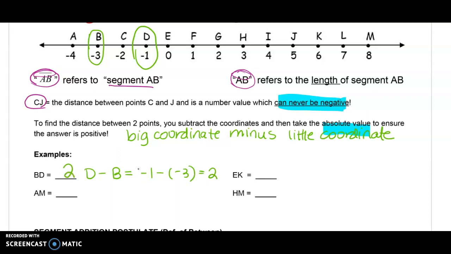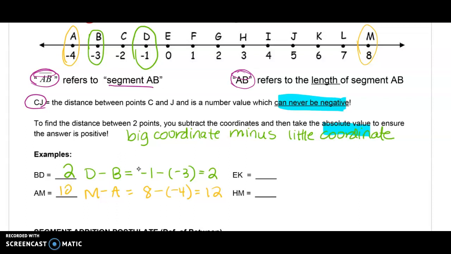If we're looking at AM, A is at -4, M is at 8. Obviously, 8 is the bigger coordinate. So we are going to do M minus A, which will give us 8 minus -4, and thus gives us 12.